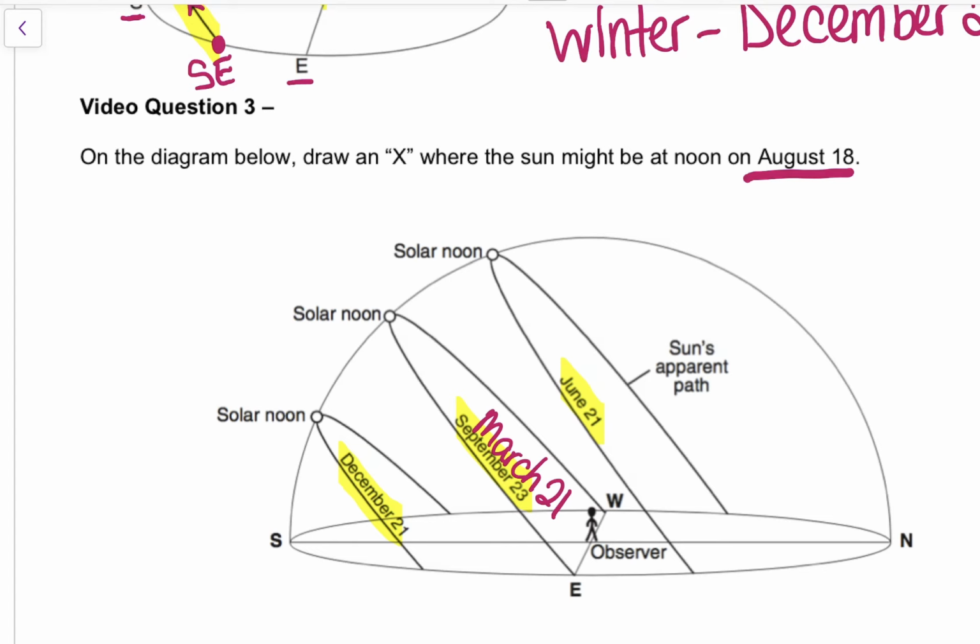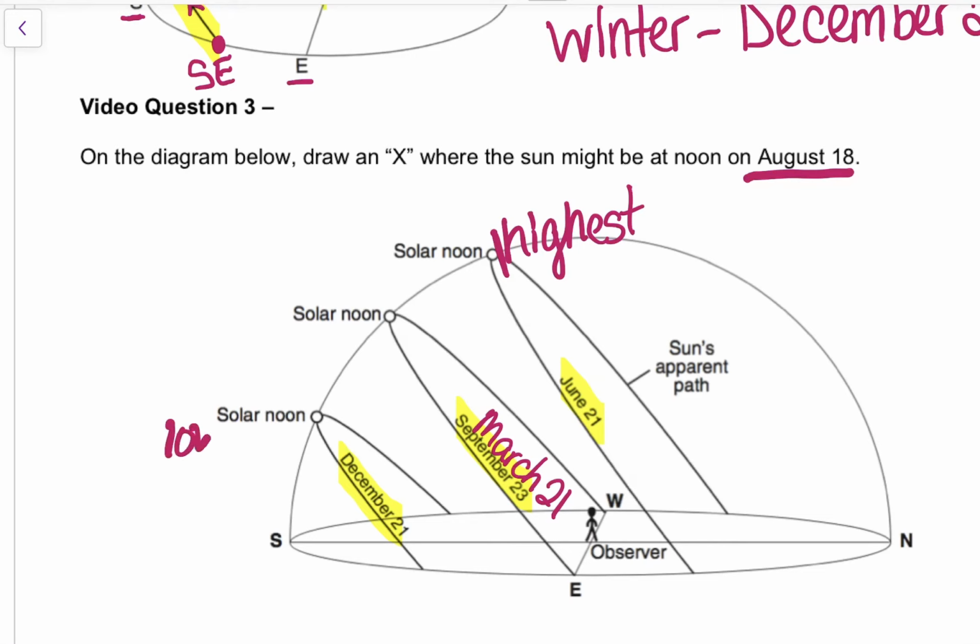So for this question, I want to try to figure out in which location the sun would be in August. Let's think about what we know. The sun reaches its highest point in the sky in June. It can't go any higher than this, so we know not to draw past the sun.